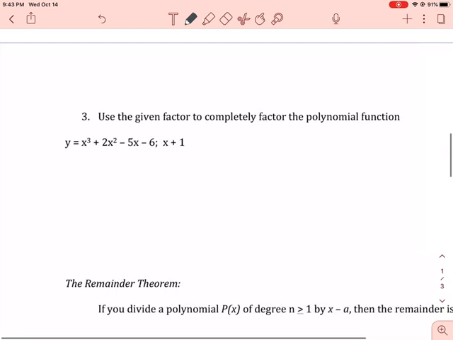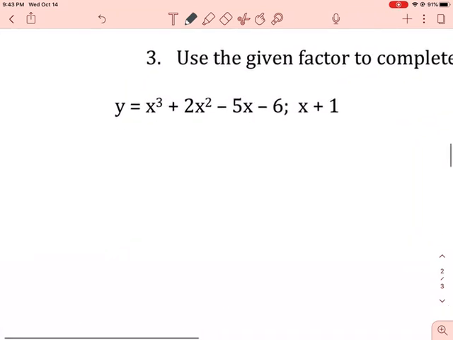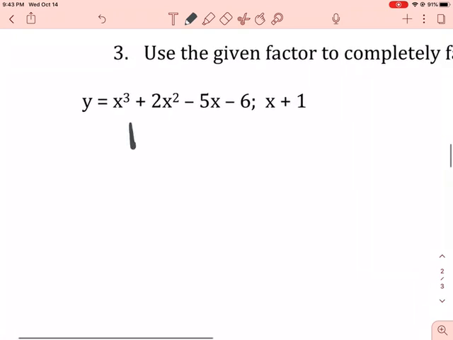All right, so we're going to try and factor completely based on the polynomial function. So we're going to use this synthetic division to factor completely. So let's write our coefficients. Sign in front goes with.